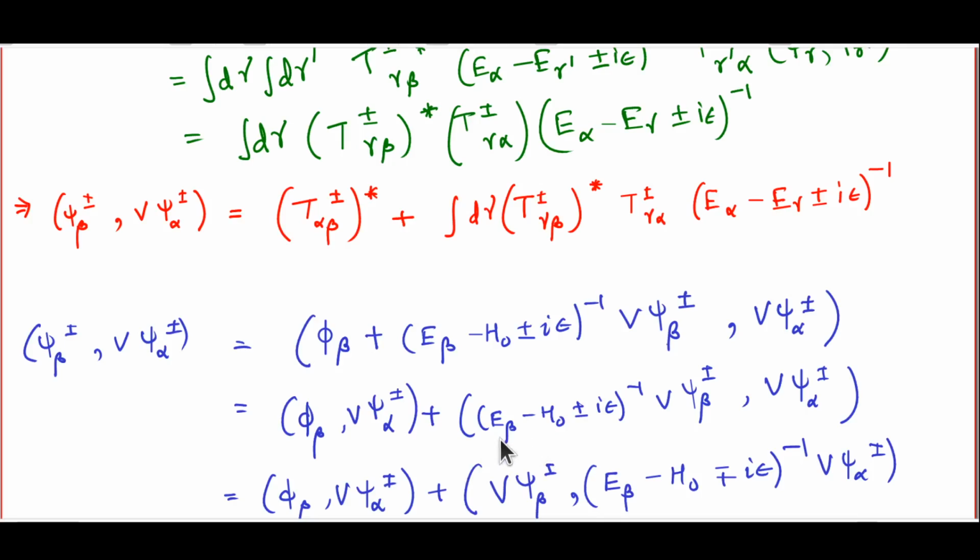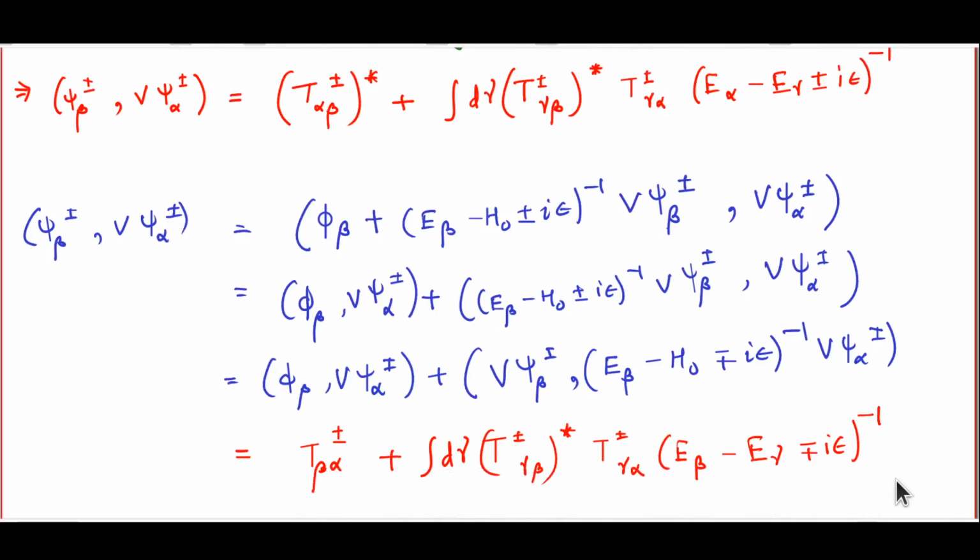On the other hand, in order to calculate this one, we are going to first move this to the right using the fact that this is almost Hermitian. Actually, we are using its adjoint here. So the plus minus I epsilon moves to this side because it becomes minus plus I epsilon. The rest stays the same. And now you have V psi beta plus minus and V psi alpha plus minus on both sides, which we will replace in terms of their expansion from free particles.